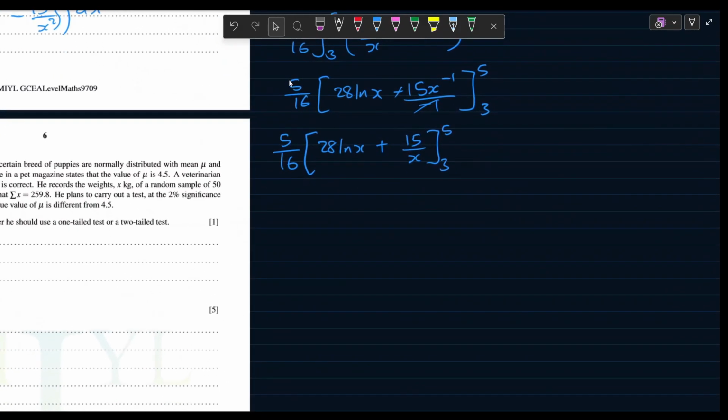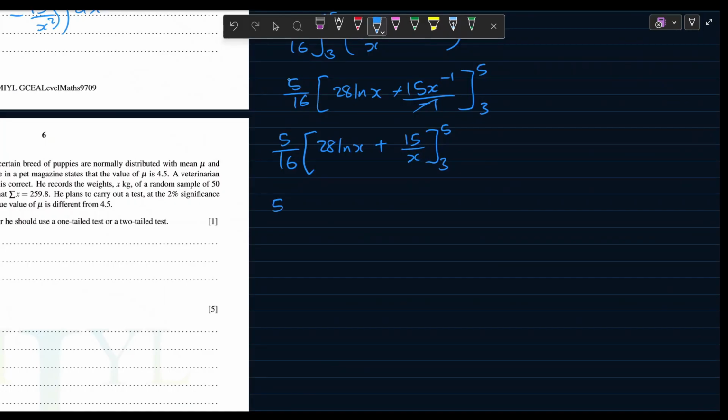Now we can substitute in our limits. So that's 5 over 16. Start with the upper limit. So that's going to be 28 ln 5 plus 15 over 5. Then our lower limit. So that's 28 ln 3 plus 15 over 3. Okay. So we've got 5 over 16.